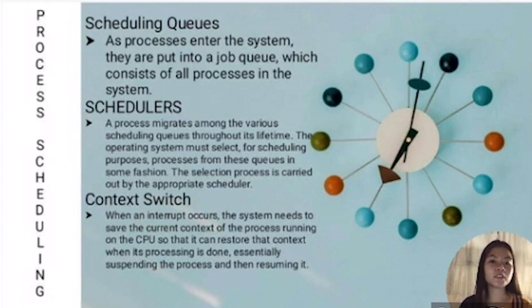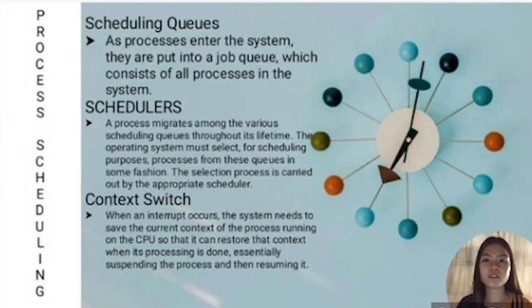When an interrupt occurs, the system needs to save the current context of the process running on the CPU so that it can restore the context when its processing is done. So essentially, suspending the process and then resuming it. So, what is context switching in simple words?